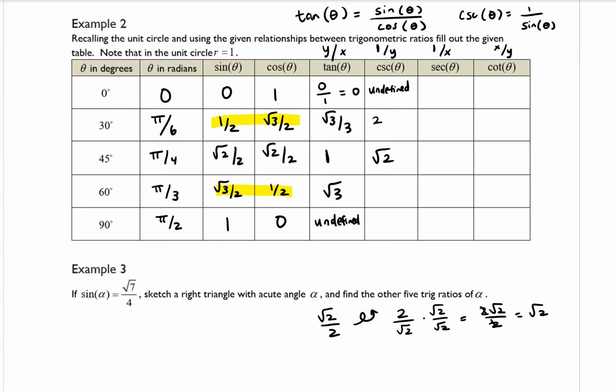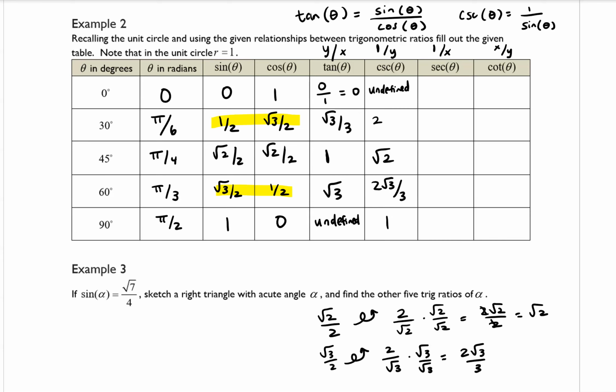For cosecant of 60 degrees, I'm taking the reciprocal of root 3 over 2. And so that gives me 2 over the square root of 3. I need to rationalize that. So that's going to give me 2 root 3 over 3. And I need to take the reciprocal of 1, which just ends up being 1.